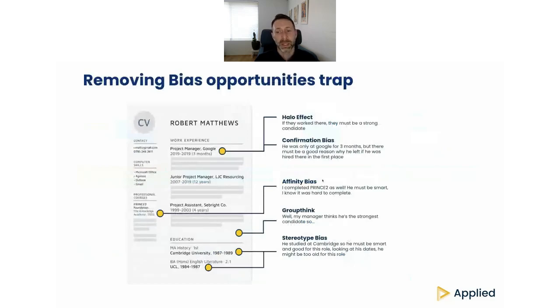What you do, again, is to design a process where you are preventing bias from creeping in in the first place. If you're looking at a CV or resume, there are so many opportunities for bias to creep in. And so what we do is we might anonymize those resumes, and then that stops things like affinity bias and stereotype bias.